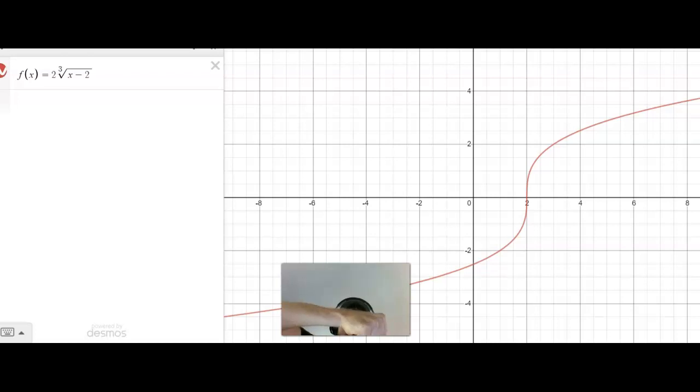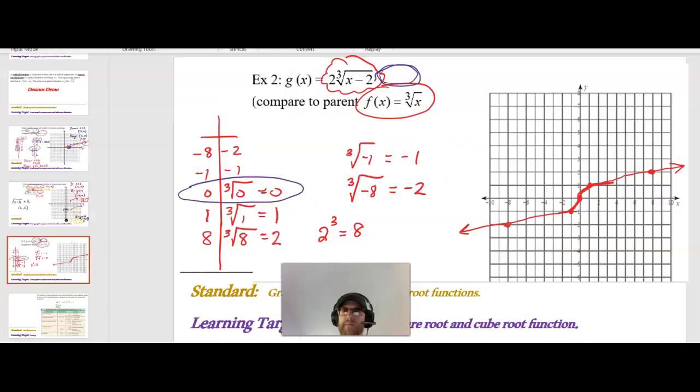It literally vertically stretches. Okay, so you do need to know that when you multiply a function by any number greater than 1, you're going to vertically stretch the function. Okay, and you saw that with other functions in the past. Okay, so back to my PowerPoint.